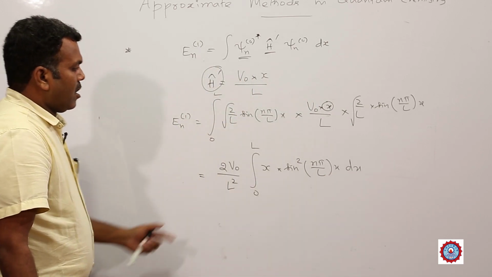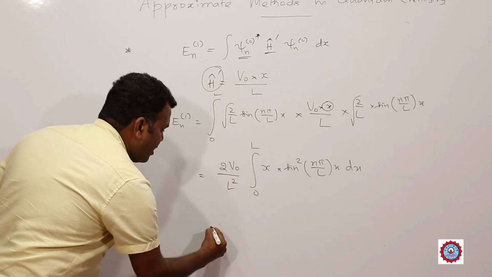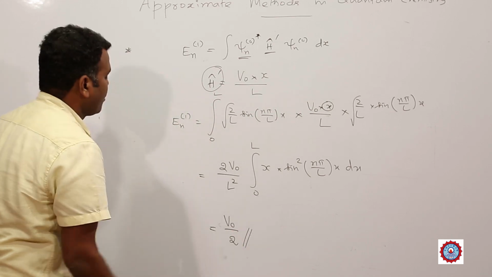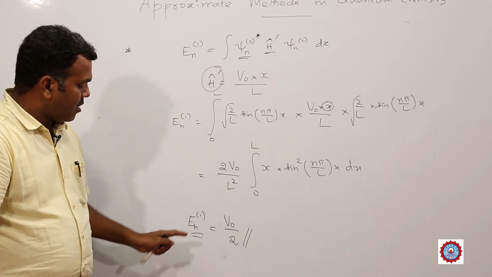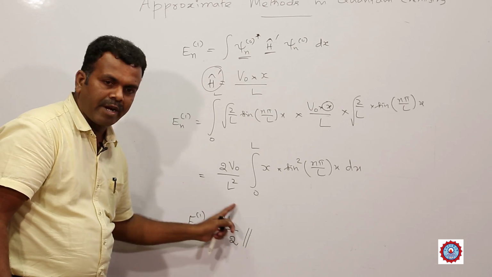If you do the integration and substitute the limits, finally you will end up with this answer: V naught by 2. So, the first order correction to the energy of the nth state comes out as V naught by 2.